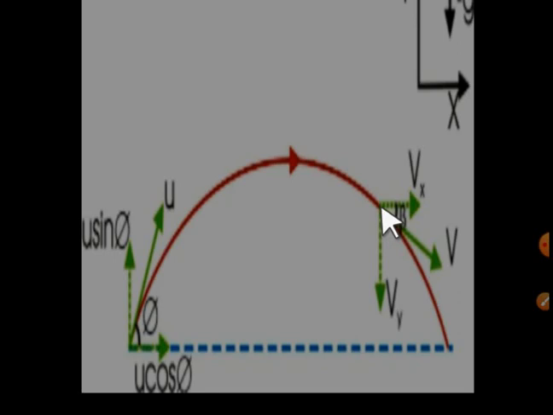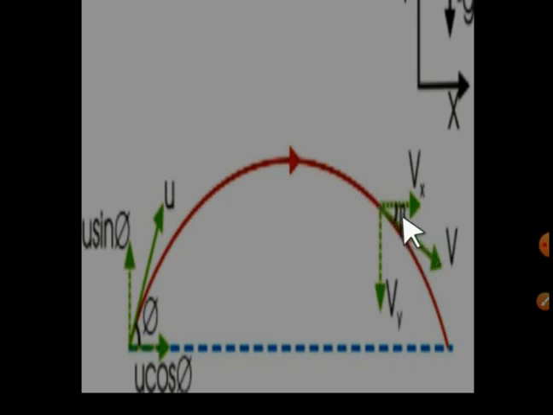This velocity will be along the tangent of the trajectory, the parabolic path. Let this velocity make an angle beta with the x-axis. By knowing the x component and y component of velocity, we can easily find the magnitude of the velocity of the projectile at this point or at this time, and we can also find the angle of this velocity.